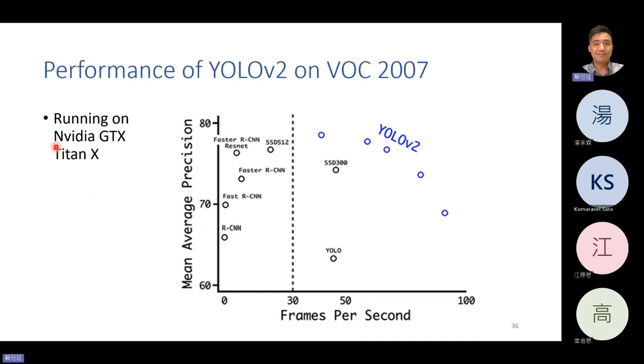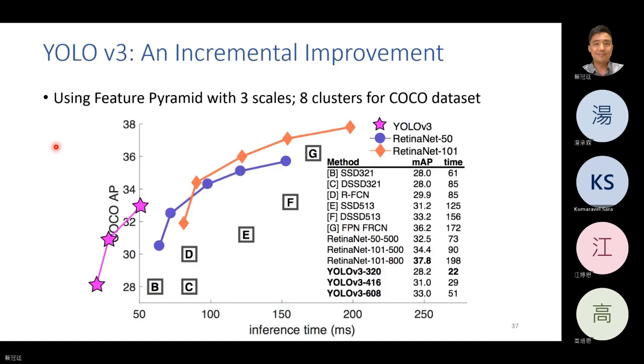So YOLO V2 is more accurate, still very fast. And V3 is an incremental improvement to detect objects at different sizes. It also includes the feature pyramid with 3 scales, more clusters, more anchor boxes, and a fixed some box. V3 is a technical report.